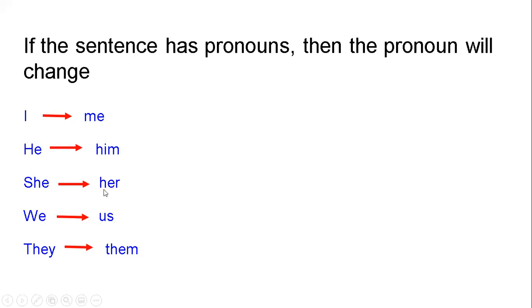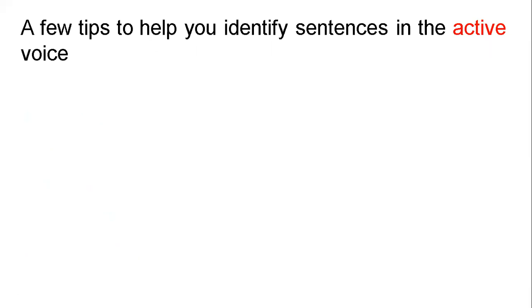She becomes her. We becomes us. They becomes them. Is all this clear to you? If it isn't, please take a break, get yourself a cup of tea, play the first part of the video again, make sure you're thorough in it, and then proceed.